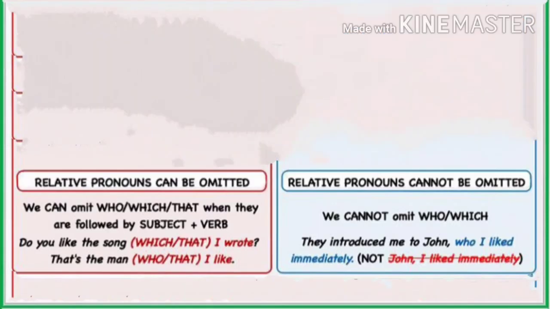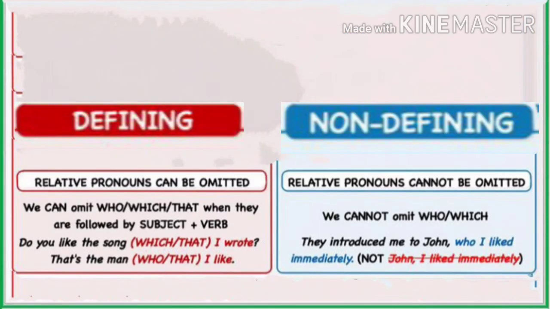The last difference is relative pronouns can be omitted in a defining clause. For example, we can omit who, which, that when they are followed by subject plus verb. Sentence: do you like the song which I wrote? Or do you like the song that I wrote?